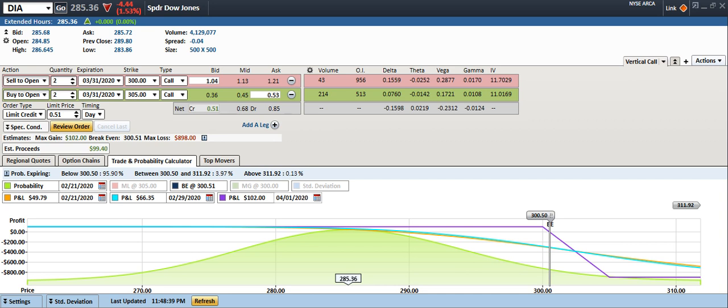So this is just a trade idea, and in this example, there's about a 96% chance of success on the trade, roughly. But there is about a 3-4% chance of losing money on the trade.